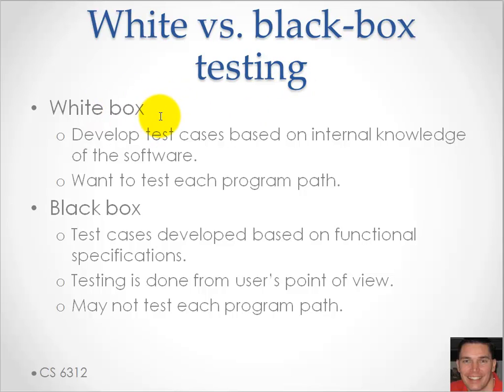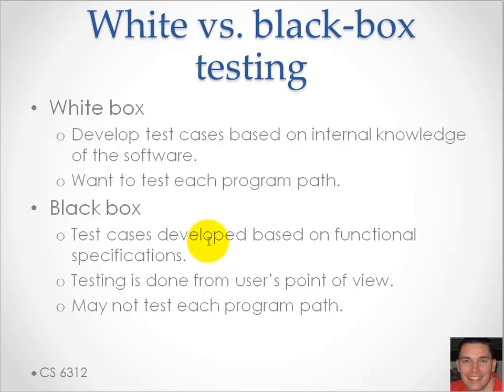When we start talking about this, we can look at white versus black box testing. White box, or they may refer to it as glass box, is where you're developing the test cases based on the internal knowledge of the software. In other words, you can see the code in front of you. You can see that there's a multi-branch if statement. So then you're going to write test cases based on that knowledge so that you'll test each branch of that if statement. Where black box is, you're just going to have maybe some functional specifications, but you can't see the internal workings of the code.